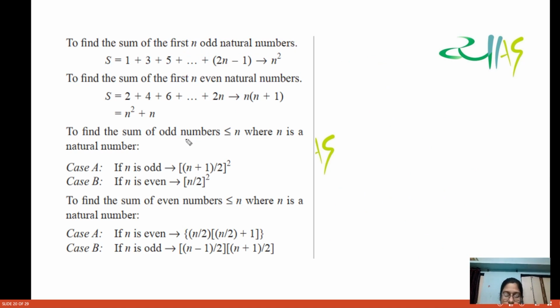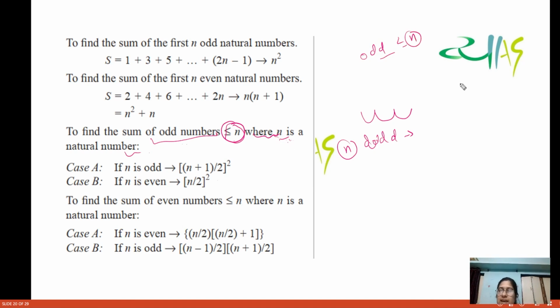Now let's move forward. Now look at this. To find the sum of odd numbers less than or equal to n where n is a natural number, है ना. तो अभी अगर odd numbers का आपको sum find करना है, तो अगर n is odd, ठीक है, आपको ऑड नंबर का सम फाइंड करना है, ठीक है, और अगर n लेस देन और इक्वल टू n और अगर n ऑड है, सो ऑब्वियसली आपका जो सम आएगा वो आएगा n प्लस 1 बाई 2 का होल स्क्वायर.